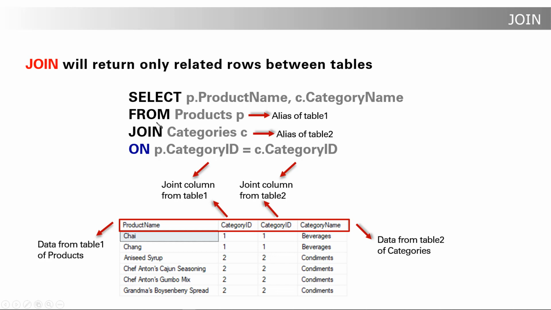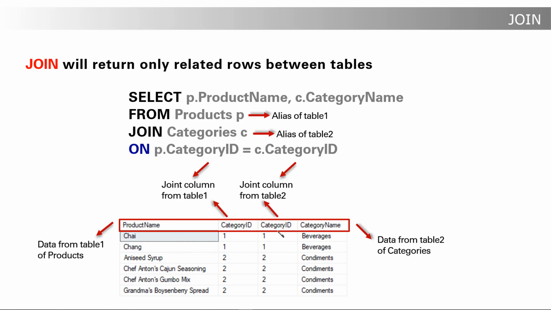JOIN: we want to join between these two tables, so we join the categories table and we call it by a new name, C. After that, if we want to extract a column of the categories table, we write the new name of the table, C, dot, category name. We need to remember that these two columns must be the same.